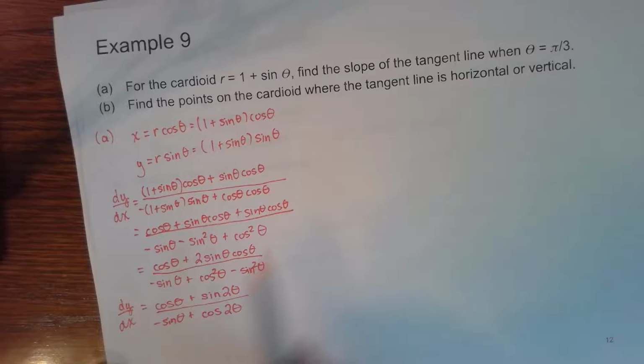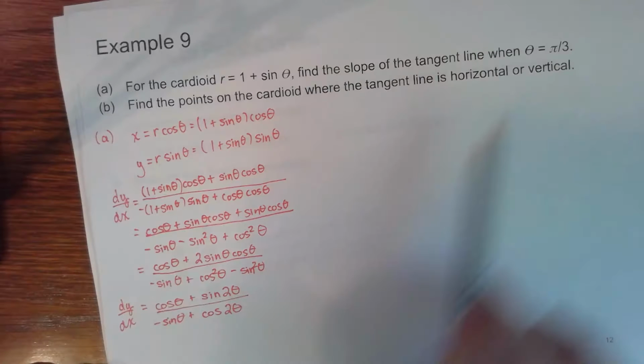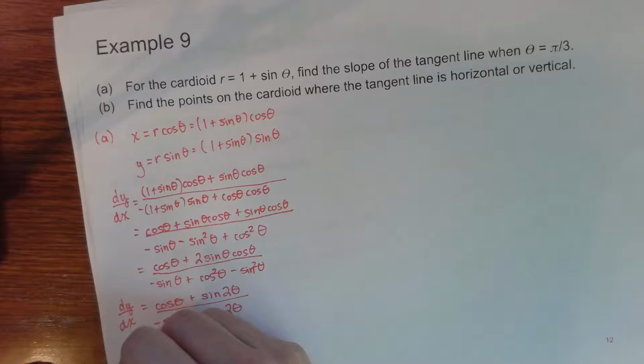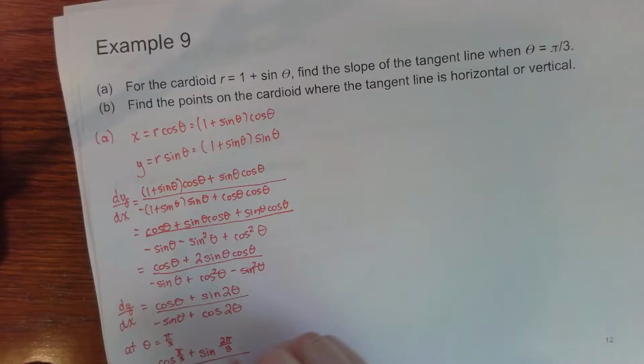Okay, and now we want to find the slope of the tangent line when theta is pi over 3. So we just need to plug pi over 3 into this equation to get the slope of the tangent line. Okay, so at pi over 3, we're going to have cosine of pi over 3 plus sine of 2 pi over 3 over negative sine of pi over 3 plus cosine of 2 pi over 3.